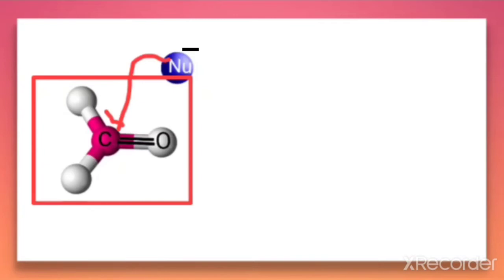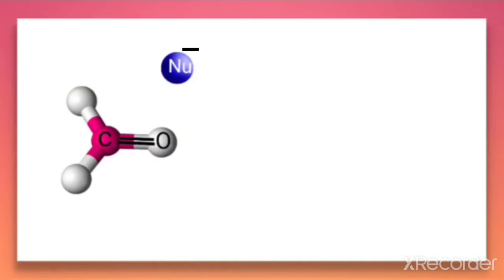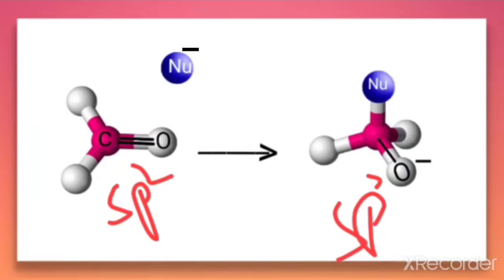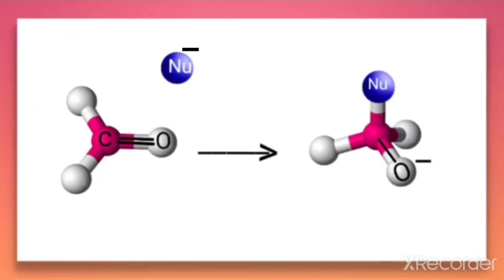During this attack, the pi electrons present between the carbon and oxygen get transferred toward the oxygen atom, giving rise to an intermediate. Here the hybridization changes from sp2 to sp3, due to the attack of the nucleophile.